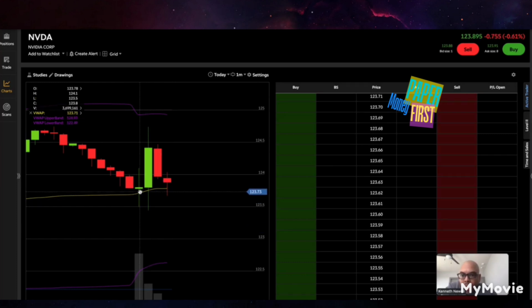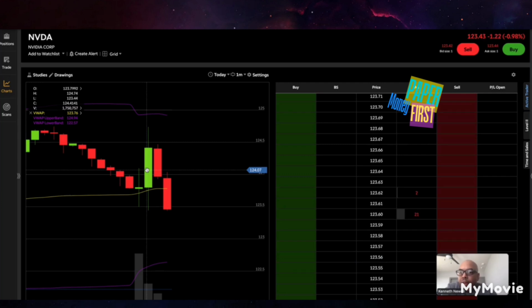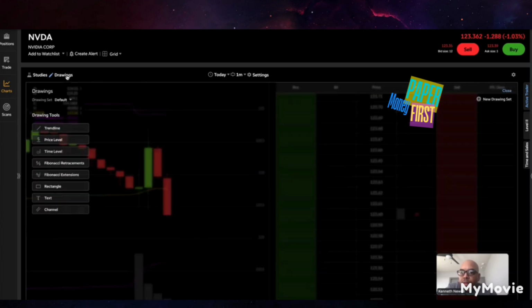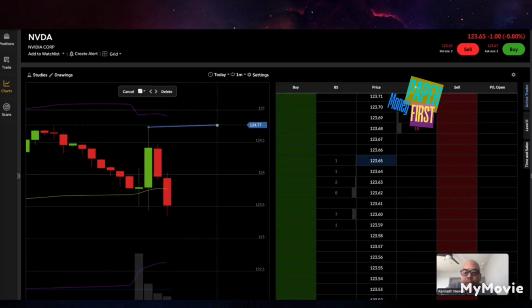So we have our 1, 2, 3, 4, looking for 5. I might go ahead and mark this second candle since it's going down as the high. So the second candle high is 124.74. So I'm going to go ahead and mark it because I believe probably we'll be fine with marking this.